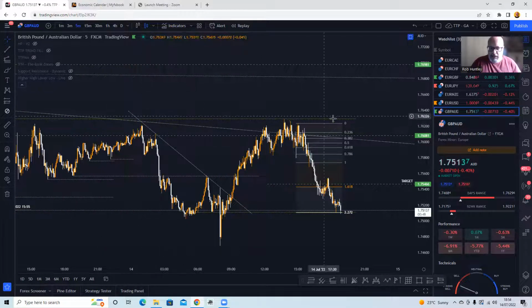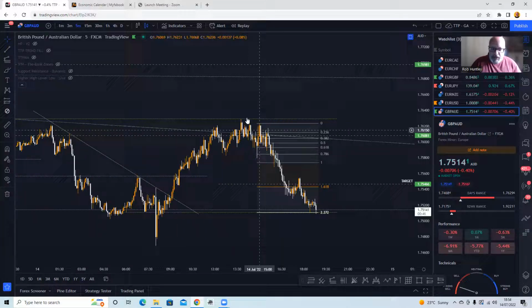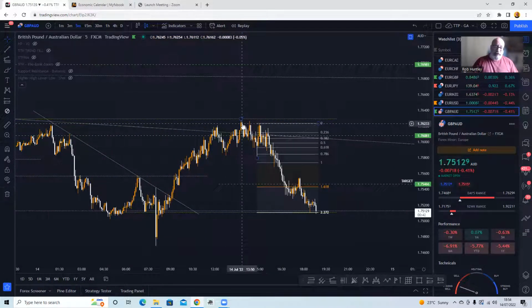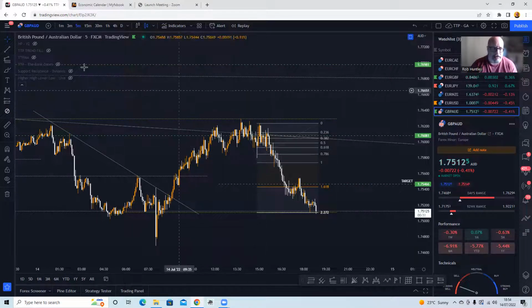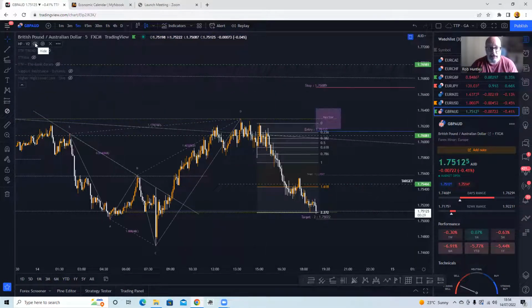So I just extended it across, and you can see that it's sort of hit it bang on that level there. So, another great confirmation, I suppose.